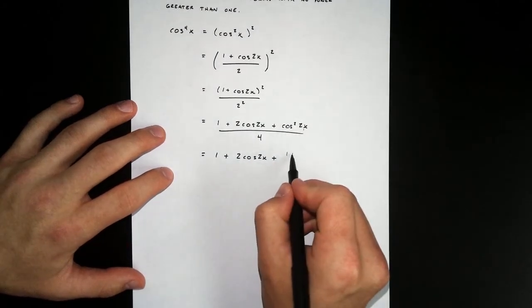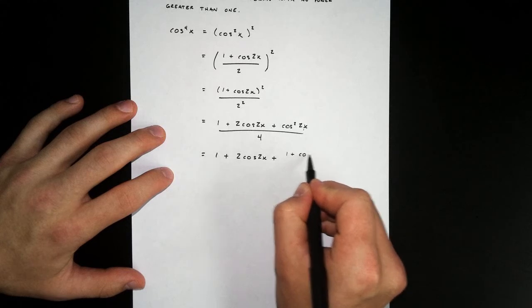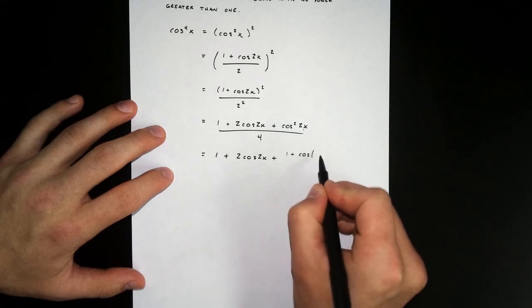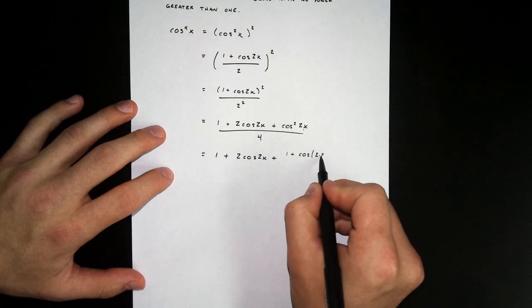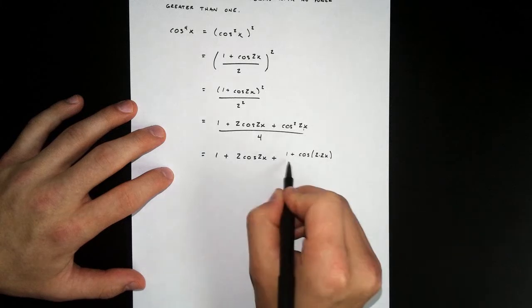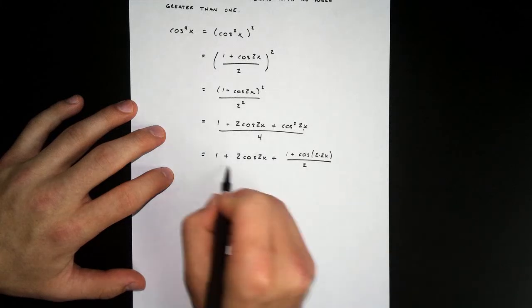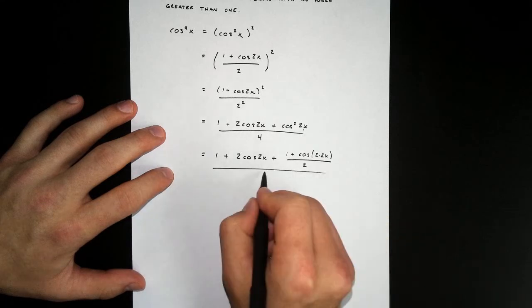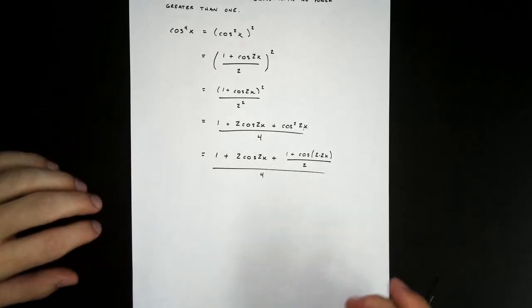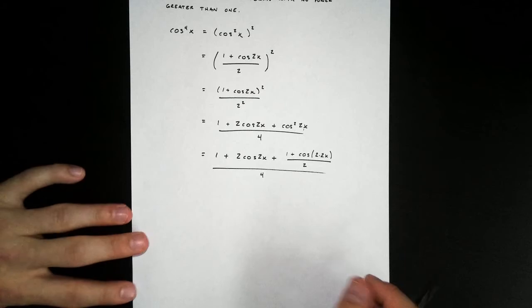So 1 plus the cosine, and then in this case it's going to be 2 times 2x, and that is all over 2. This whole thing is still over 4.